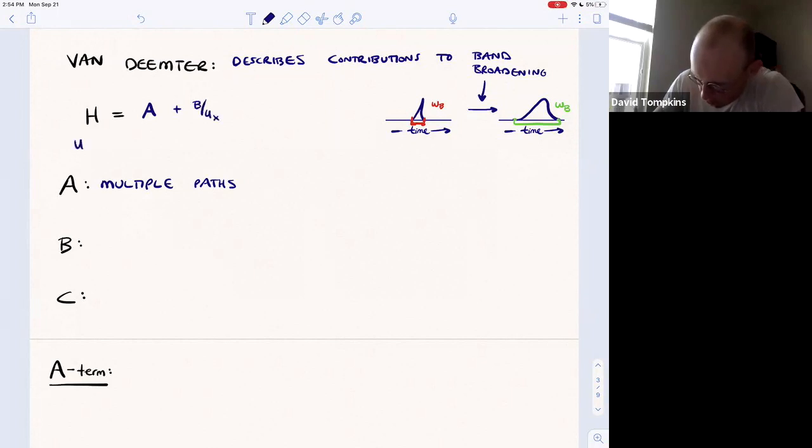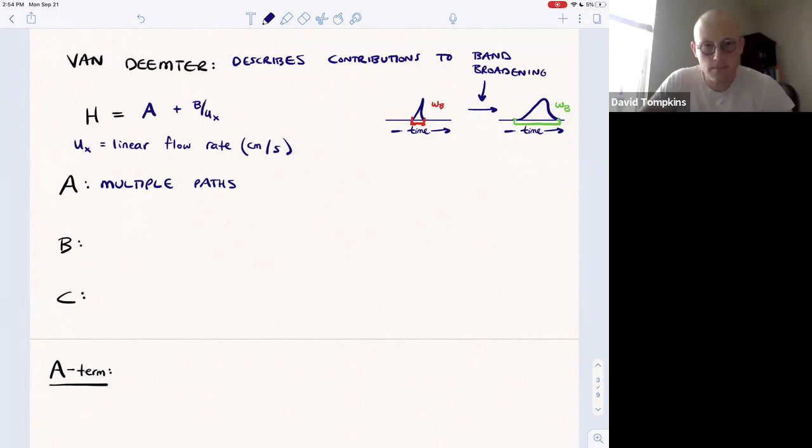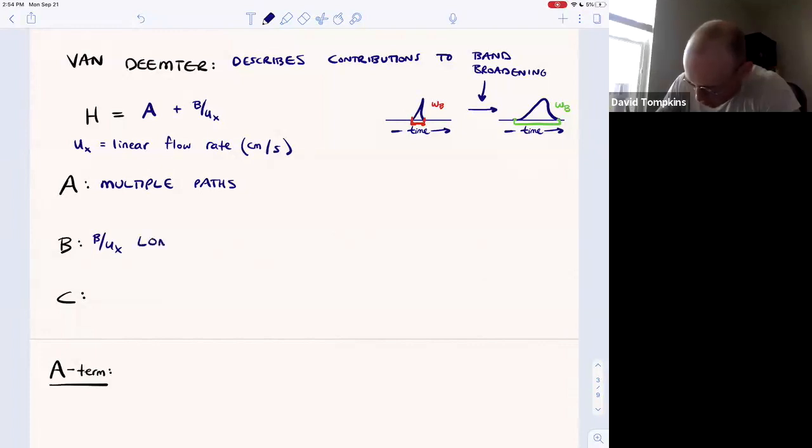So recall that the linear flow rate U sub x is how fast the mobile phase proceeds through the column. And that usually has units of some length, like centimeters per time. So the B term, or formally, B over flow rate, this is longitudinal diffusion.